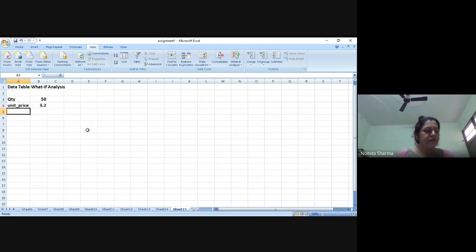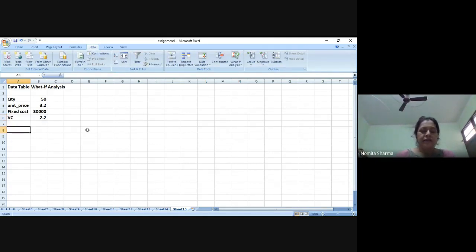Then I have the fixed cost also, which is normally the cost that remains the same whenever we are manufacturing any product. This is the cost for building machinery and other devices that we are using in manufacturing. Then we have the variable cost, which is, let's take this as say 2.2.